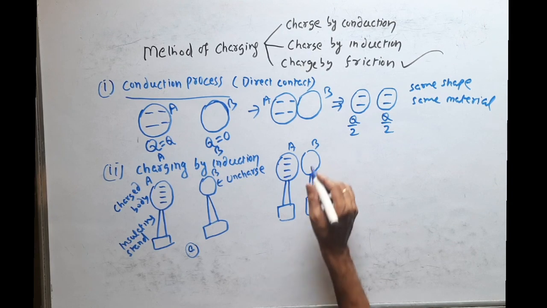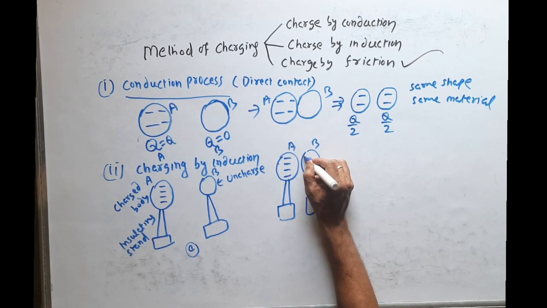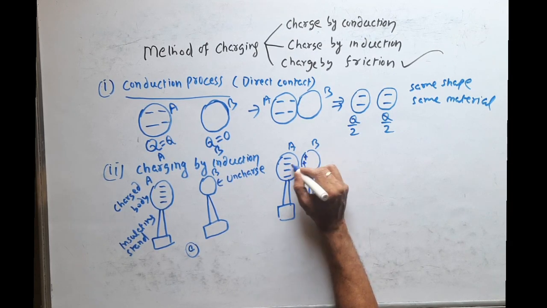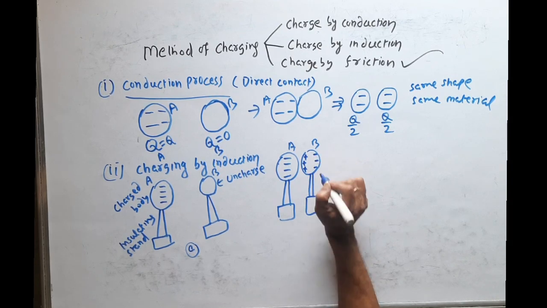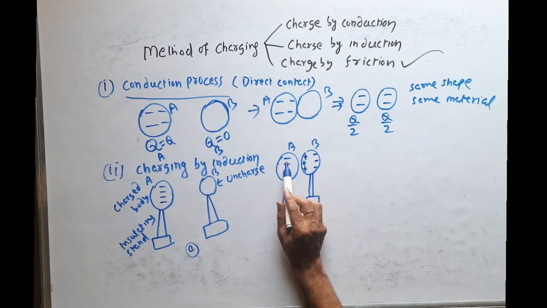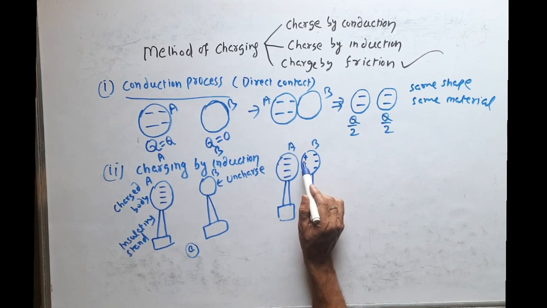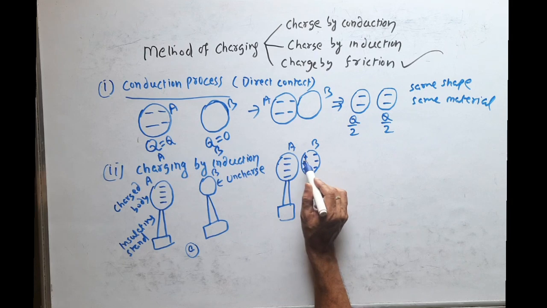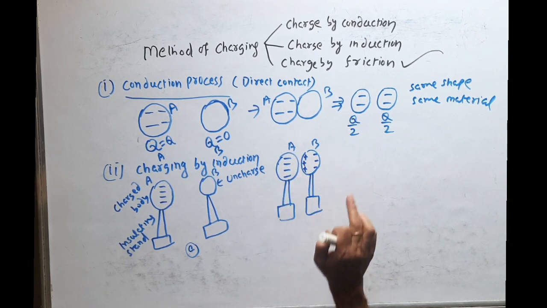We will observe that some positive charge of B will be attracted nearer to A, and the negative charge will go to the far side. That means the negative charge of A attracts the positive charge of B towards it, and repels the negative charge, so that it moves far away from A.